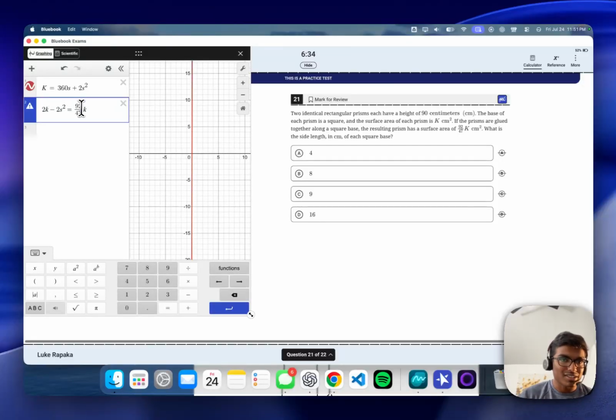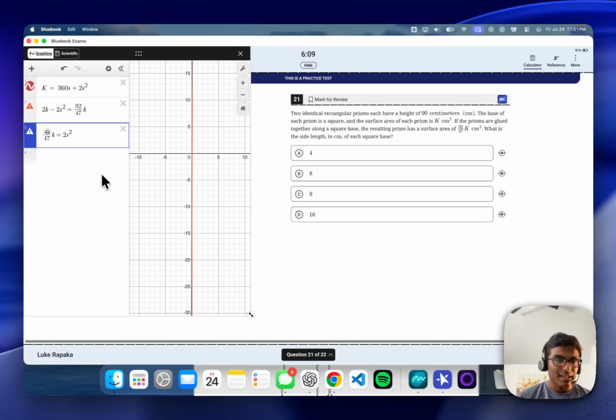So what I would do first is subtract these, the 92 over 47, and then that would get me, what, 2/47? 2/47 K equals 2s squared. Then what would I do here? Oh, I know.